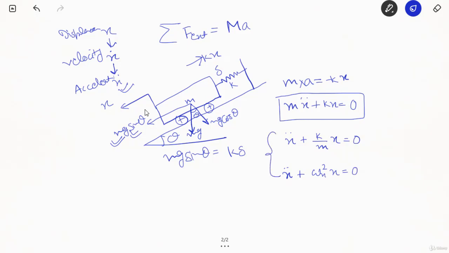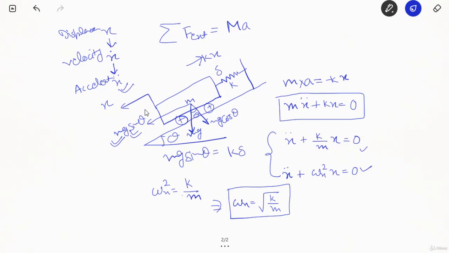If we compare these two equations, we get omega n square is equal to k divided by m, and it implies omega n is equal to square root of k upon m. So this is the general formula of natural frequency of a system. Omega n is equal to the square root of stiffness divided by the mass of the system, right?